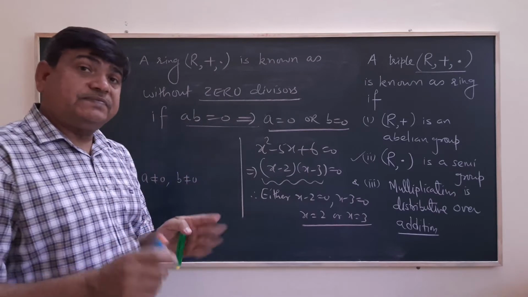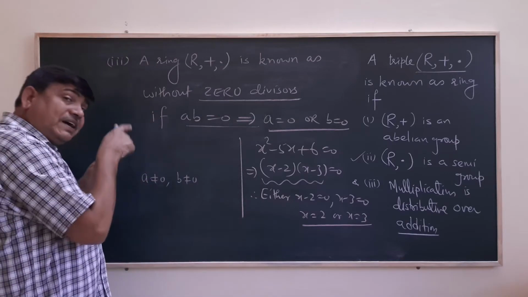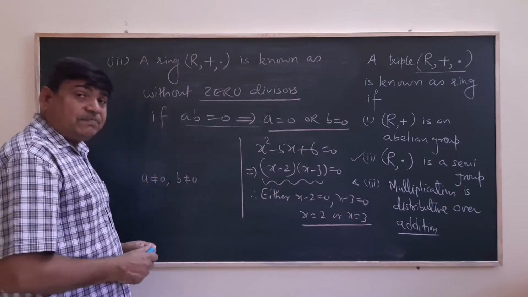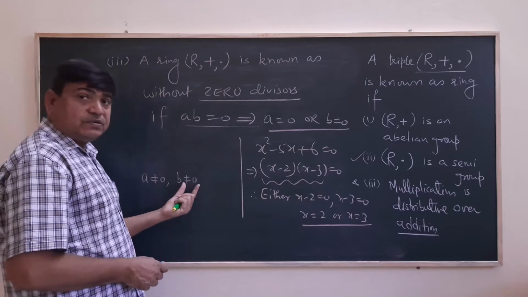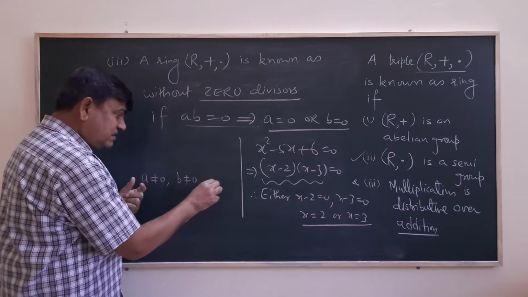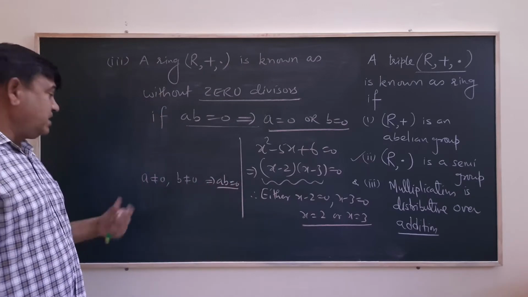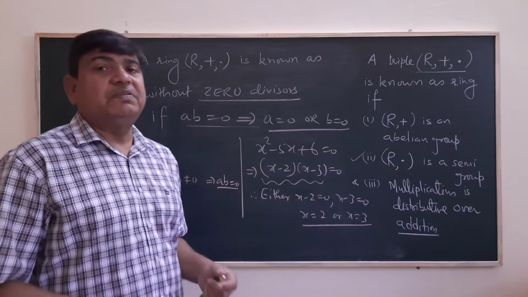But yesterday, if you remember, I took the example in such a way that A is not 0, B is not 0, even then AB equals 0. Their product, their multiplication is 0.